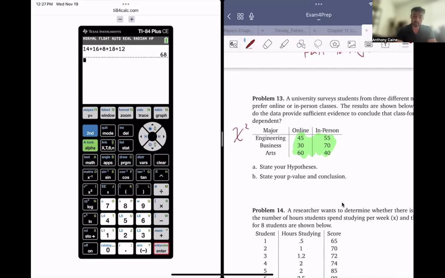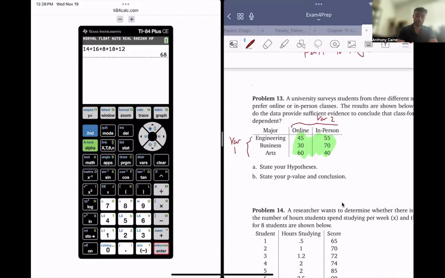And you're checking to see if the variables that index your rows, I'll say var1, even though it could be var2, it doesn't matter, influence these variables, var2. Does your major influence the probability that you'll do online versus in-person classes, right? So that's the idea for a chi-squared.